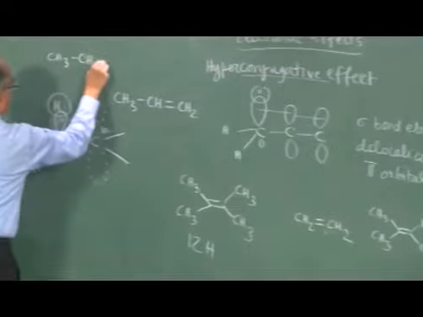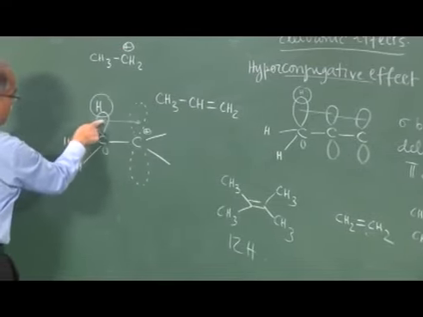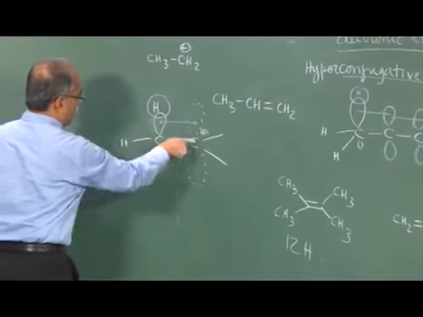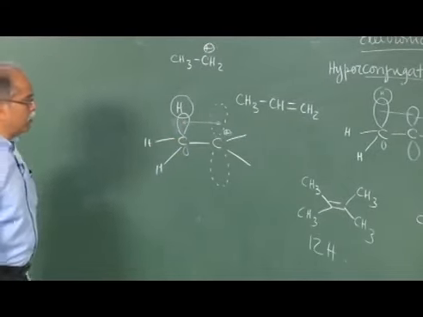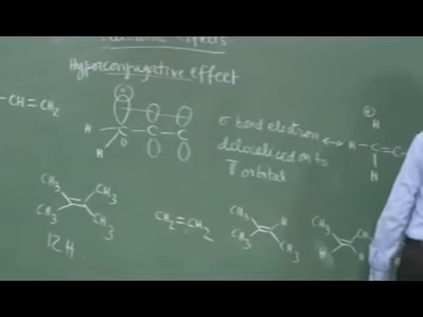So, essentially what I have written here is CH3CH2 plus. Of these hydrogens, at a time one of the carbon hydrogen bonds can be coplanar with the empty p orbital. So, there are three hydrogens which can hyperconjugate here.